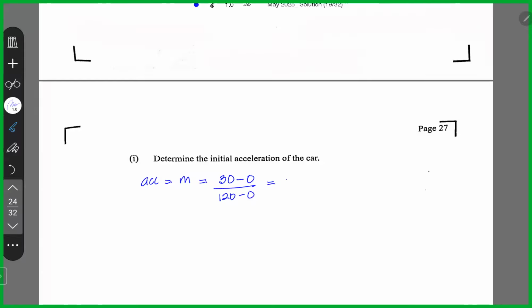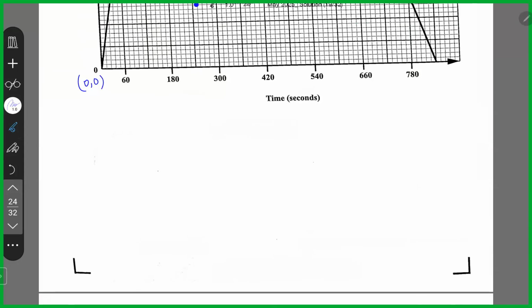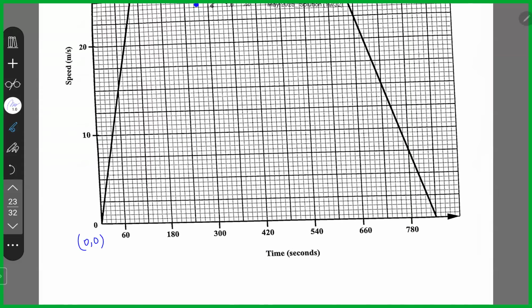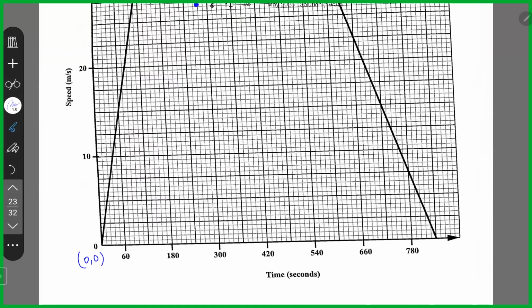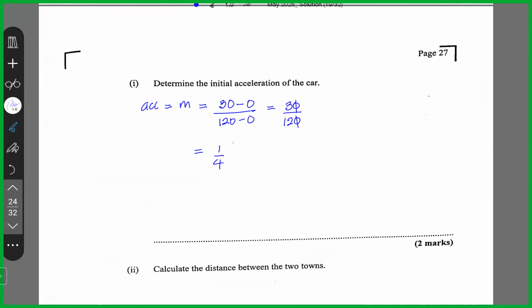So this is 30 over 120. This is a quarter, and this is meters per second per second. So this is a quarter meters per second squared.